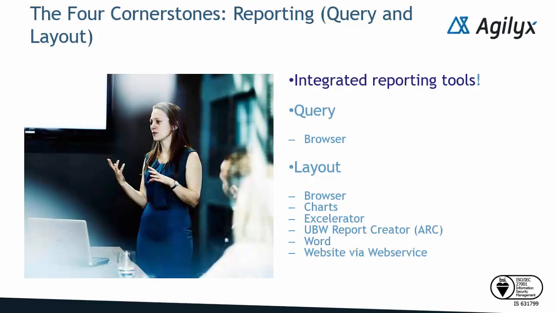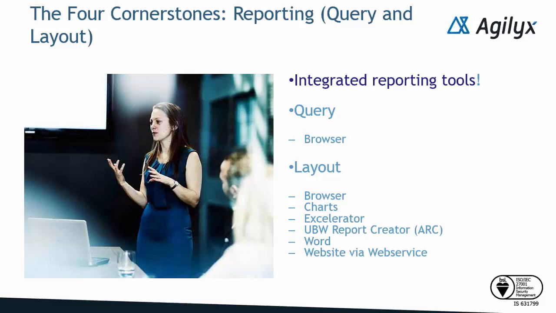Okay, so now we are on the reporting side. We talked about attributes, which was number one, relations, number two, and account rules, number three, and now we are talking about reporting.